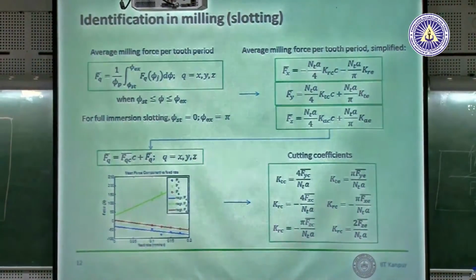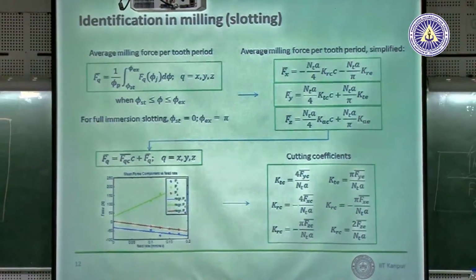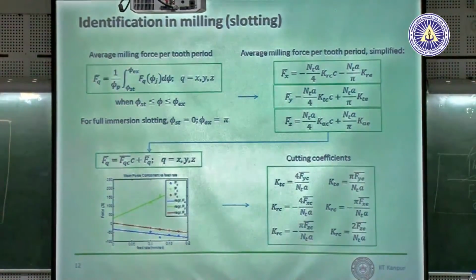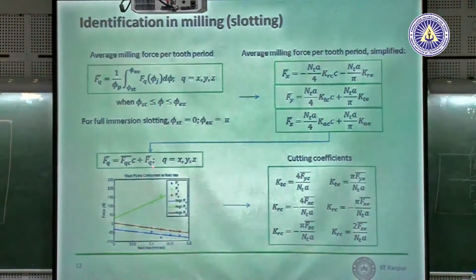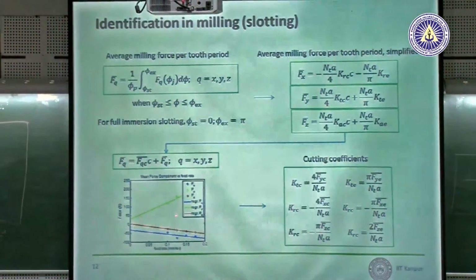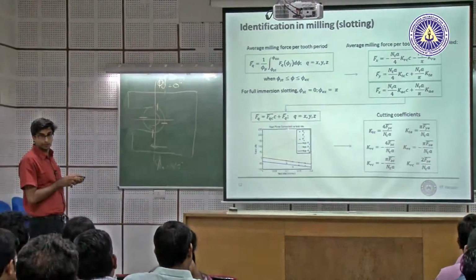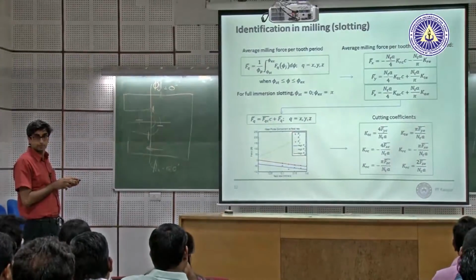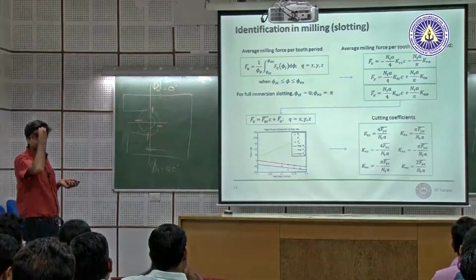We have an analytical expression, simplified for this engagement, for slotting. You get this Fx, Fy, Fz, which we've measured and averaged, and this is again an equation for a line, y equals mx plus c. From that you get coefficients.